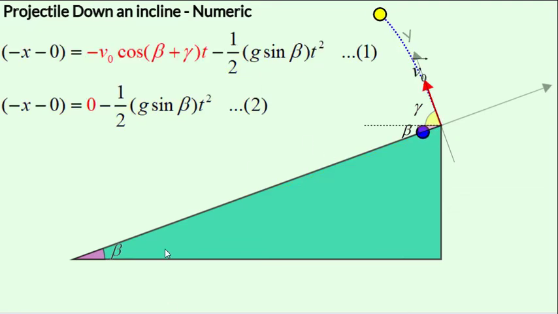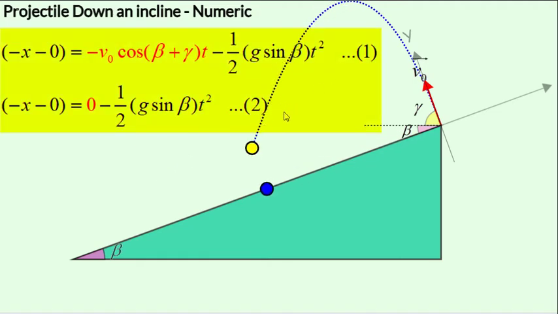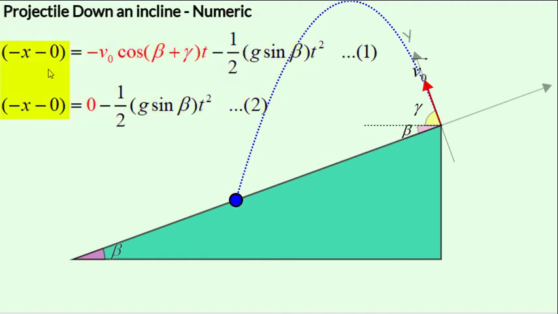If we compare both these equations 1 and 2, we find that the left-hand side is the same, minus x, and the second term of the right-hand side is also the same, minus half g sine beta t squared.